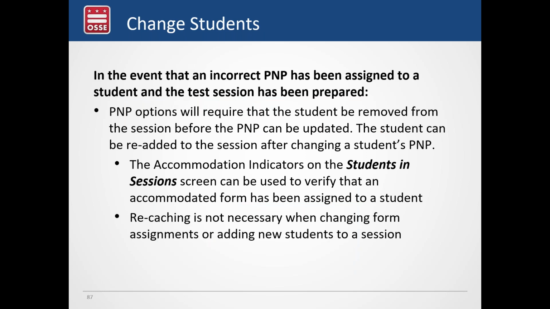Like I was stating before, Johnny didn't have his text-to-speech test and needs it. So in the event that an incorrect P&P has been assigned to students, and the test session has only been prepared, the P&P options require that the student be removed from the session, get the P&P updated, and then be re-added back into that same session after changing his or her P&P.